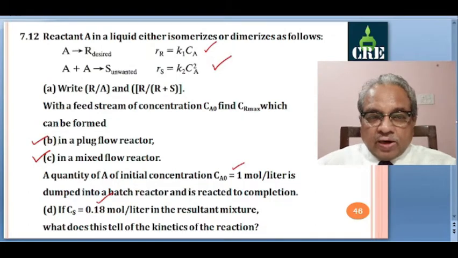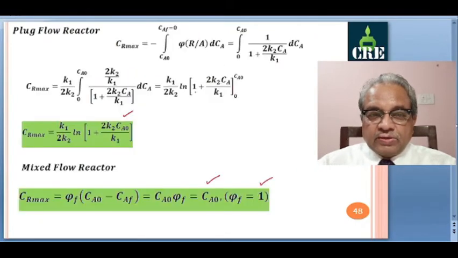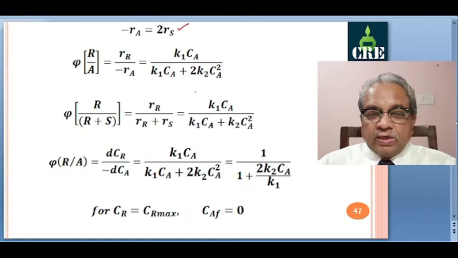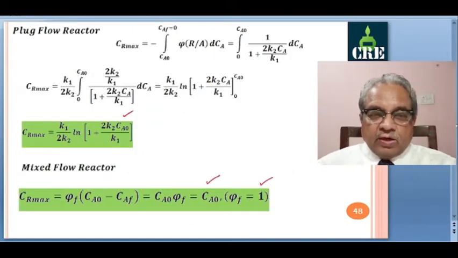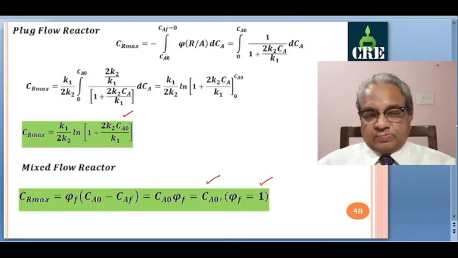So in parts B and C, for the plug flow and mixed flow reactors, Ca0 is not given, whereas here a numerical value is given. So there our analysis is just qualitative. What we can say is that Cr will be Cr max at Caf equal to 0, when complete conversion is there, and Cr max will be given by this equation where K1, K2, Ca0 are unknown, but if you know these values, this works.